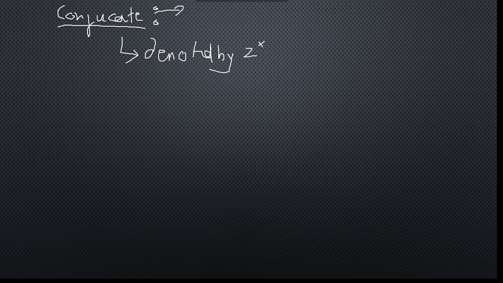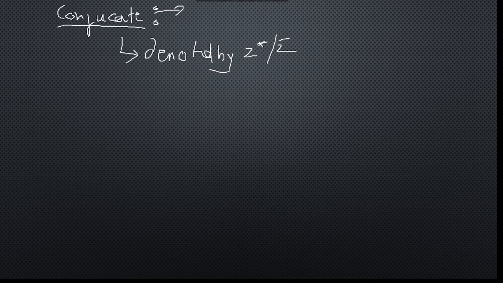Now we are going to talk about the conjugate of a complex number. For a conjugate of a number, first of all, we need to know how it is written. The representation is Z star or Z bar.